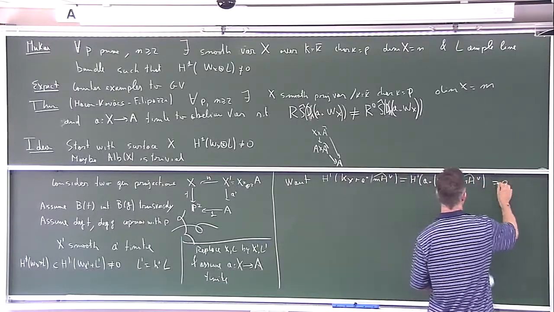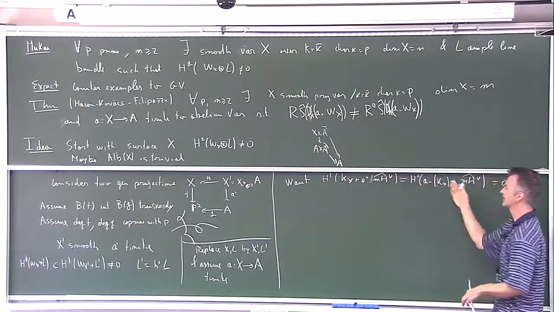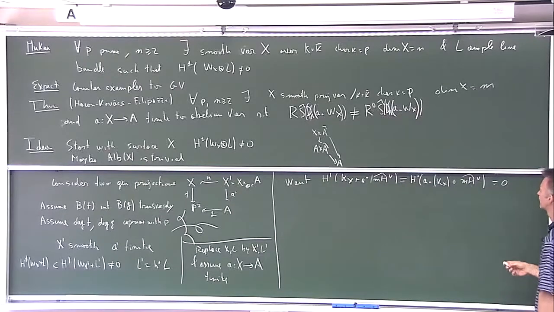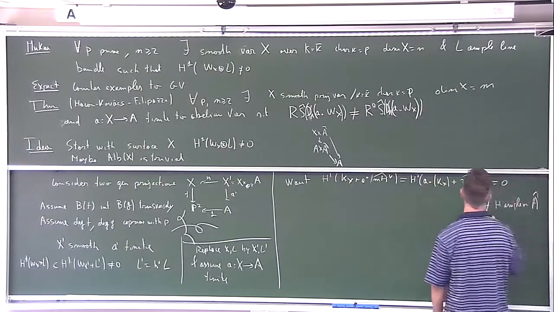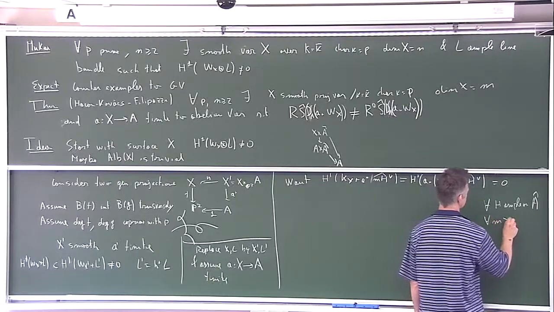We want that this group is zero. There are no higher direct images, so these two are the same thing, for any H ample on A hat, and for any M sufficiently big.